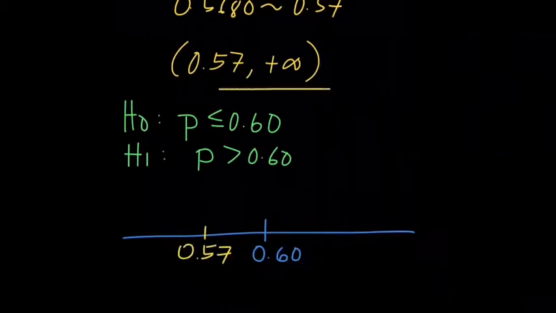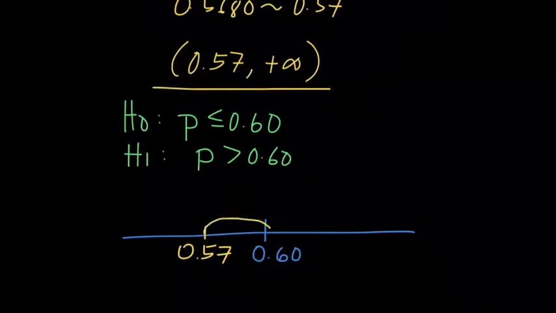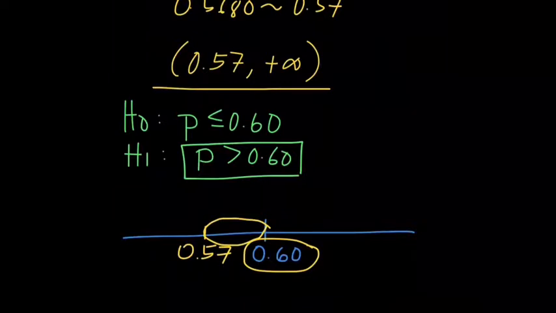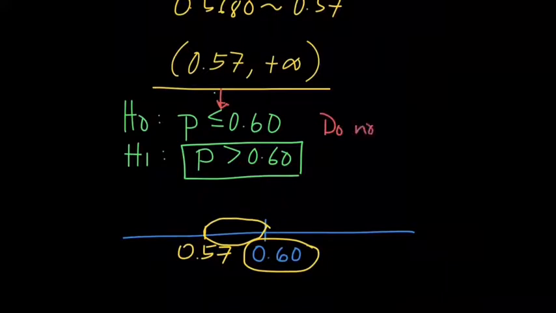The confidence interval is allowing us to get numbers smaller than 0.60. So this claim that P is greater than 0.60 is not correct because the value can go lower than 0.60. With that, we do not reject H0 because there are values that are less than 0.60. So this is how we use the confidence interval to test a hypothesis.